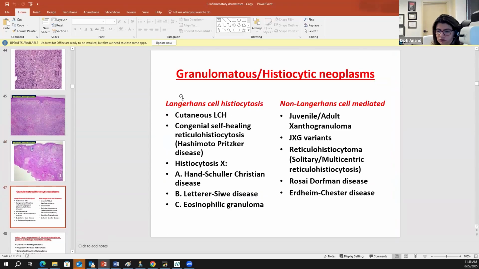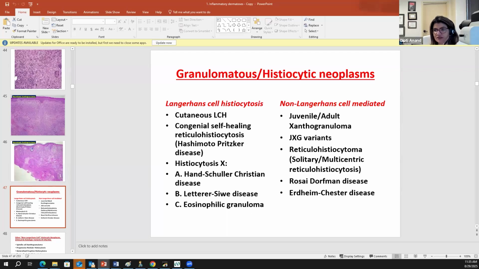This is what we are going to talk about, the histiocytic neoplasms. We are dealing with either Langerhans cell driven or non-Langerhans cell mediated. In the Langerhans cell driven, you have Langerhans cell histiocytosis and variants of it, like Hashimoto-Pritzker disease, which is congenital self-healing reticulohistiocytosis. Then you have systemic diseases like Hand-Schüller-Christian disease, Letterer-Siwe disease, and eosinophilic granuloma.